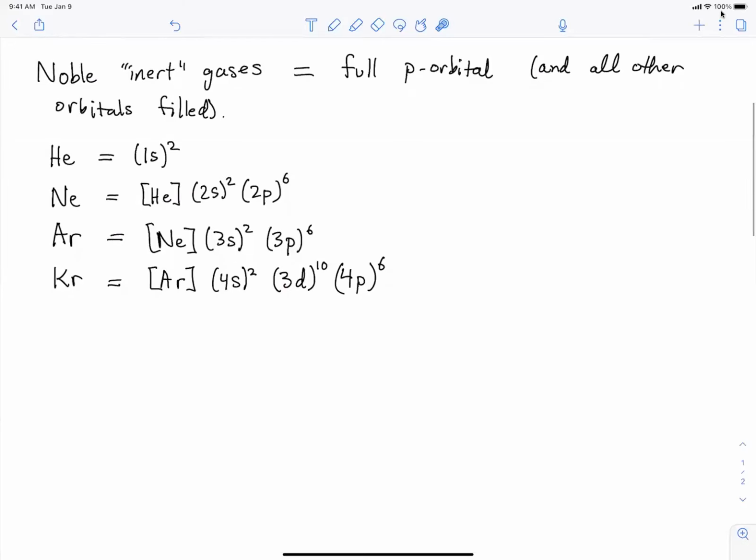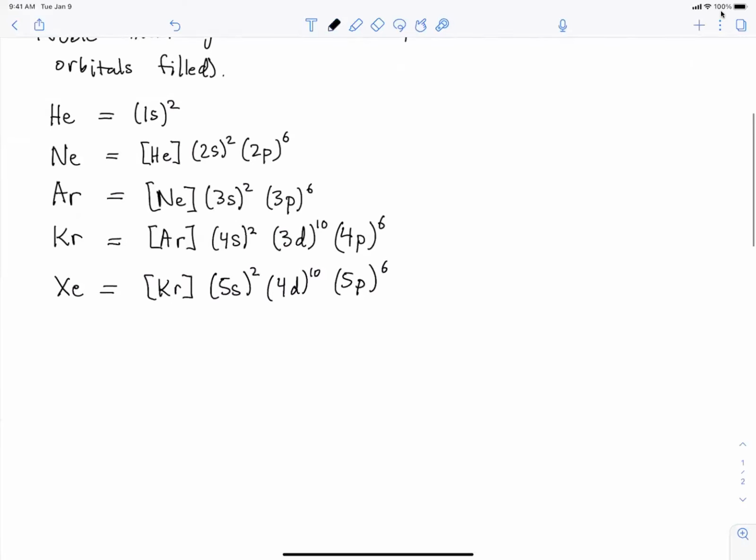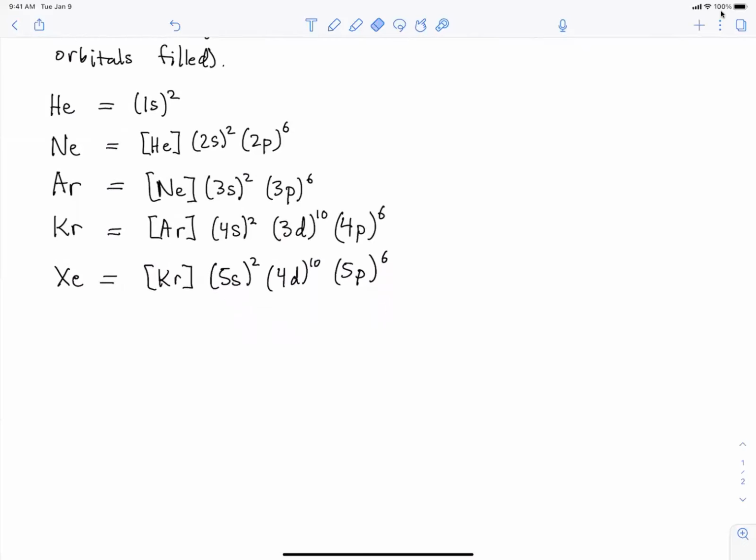Okay, and then xenon is what you get when you fill up everything that would be filled in krypton, and then 5s squared, 4d10, 5p6.